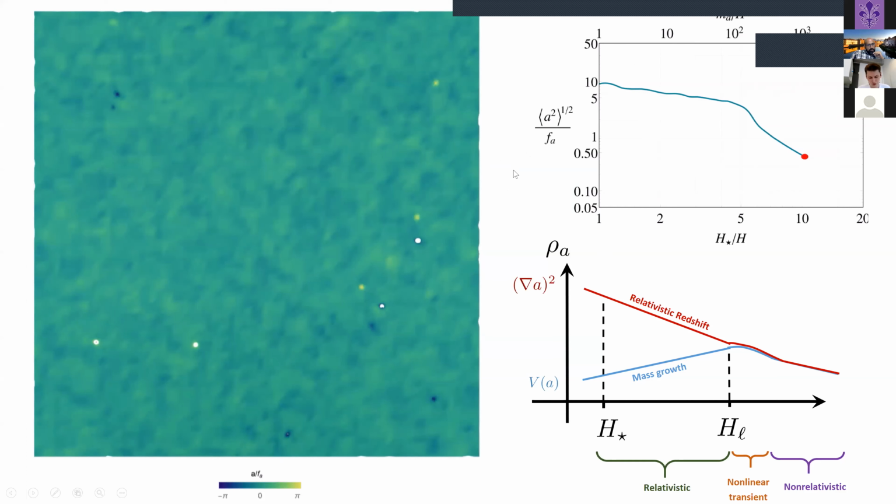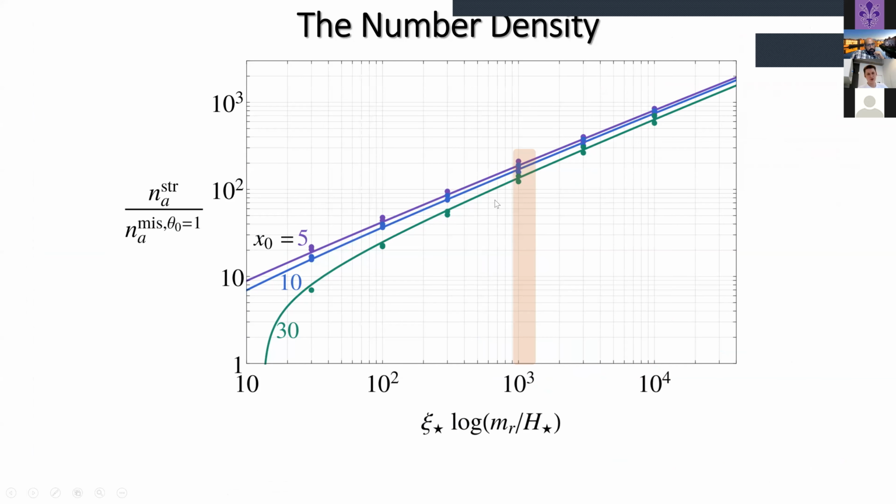density, which is conserved. So in this plot, I show the number density calculated in the previous nonlinear simulation, normalized to the misalignment number density at theta 0 equal to 1, as a function of psi log, for the axion 15 times 70. These points are the result of the simulation of the nonlinear transient.